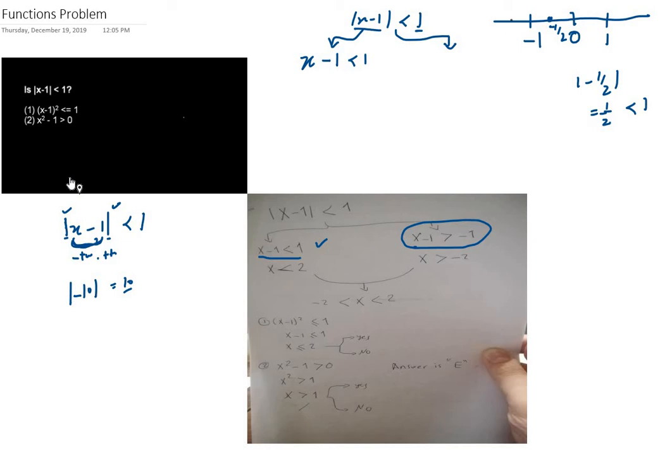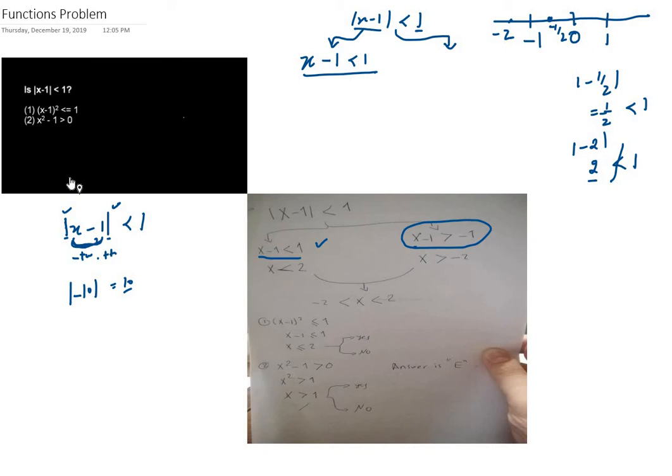But if it lies outside minus 1, let's say it's minus 2, then mod of x minus 1 becomes 2, which is greater than 1. So on the negative side, this is correct.